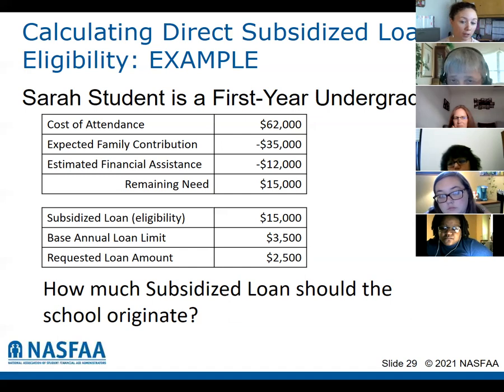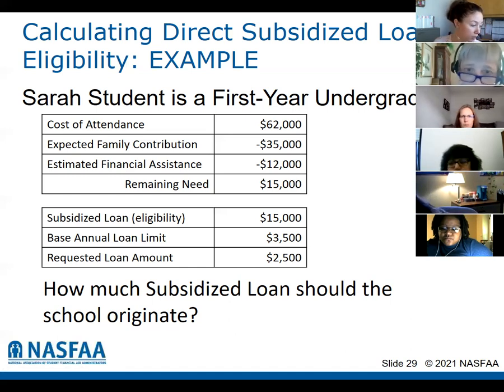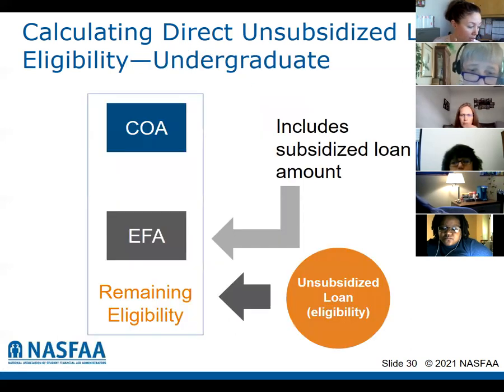So you would want to go back and make sure that that additional $1,000 that you're giving to the student fits in their original cost of attendance and their financial need. And you would have to adjust accordingly for the student who's deciding to take that loan. And you probably wouldn't want to originate it if they were not eligible at that point, but in her case, she would be.